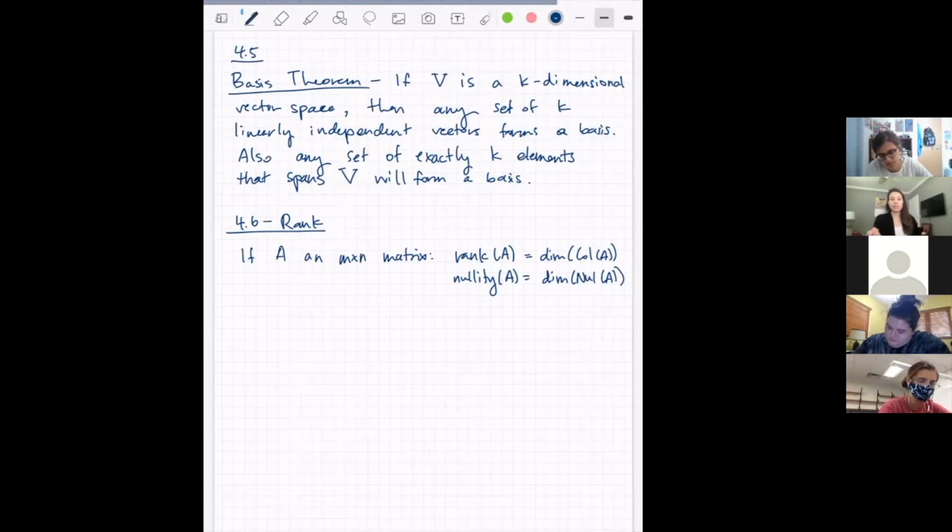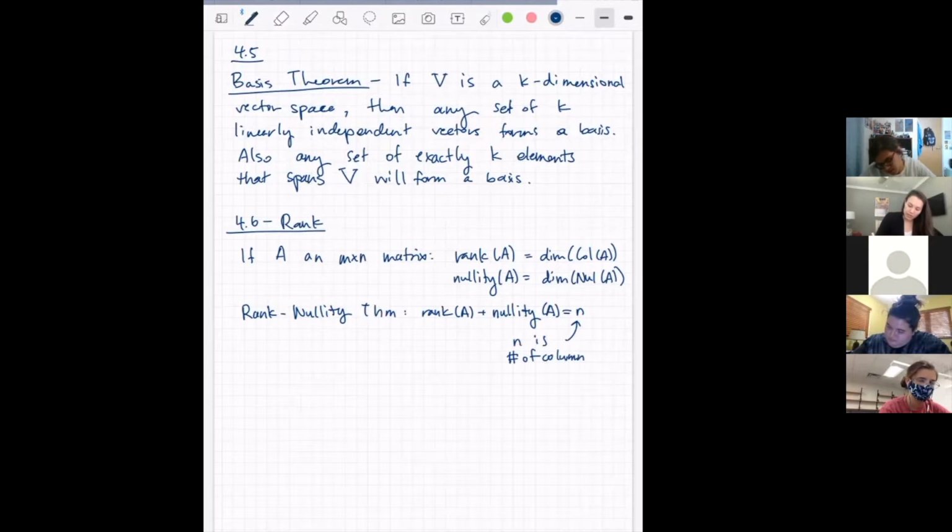And we have the rank nullity theorem, which says that the rank of A plus the nullity of A is equal to n, where n is the number of columns of A, because A was an m by n matrix. We've seen this before.